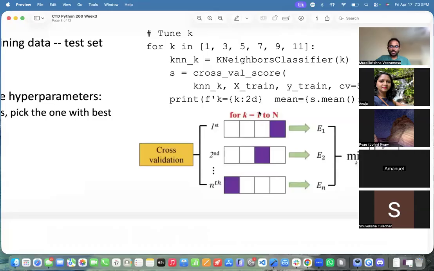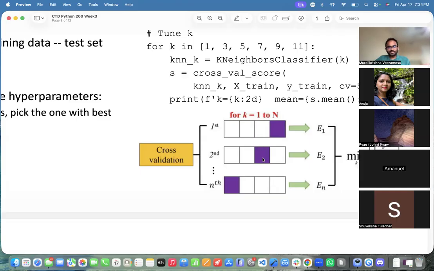Start with k equals 1, and you are splitting your data into four parts, and you train on 3 parts and test on the 4th part. For the second iteration, you select this 3rd set as the test set. Then you train on set 1, set 2, and set 4, and test on set 3.